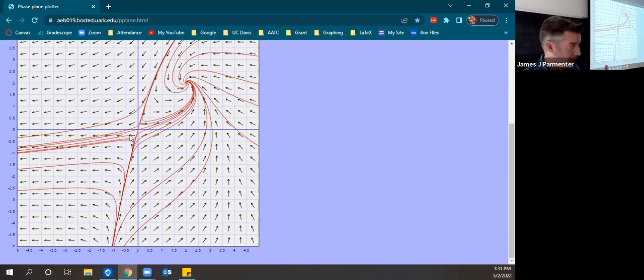Now, I should clarify. This system only acts like a saddle if you're, quote unquote, close enough to the origin. How close? I couldn't say. Similarly, the system only acts like a stable spiral close enough to the point 2, 2. Again, I couldn't say exactly how close, but you can look at these graphs and see that this line is kind of a dividing line.